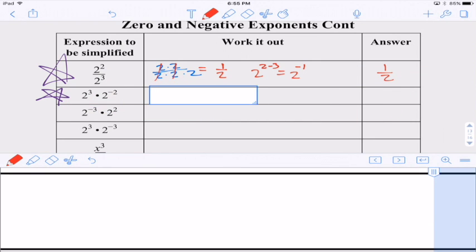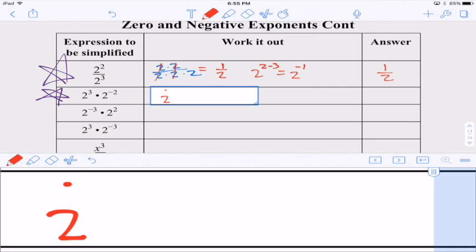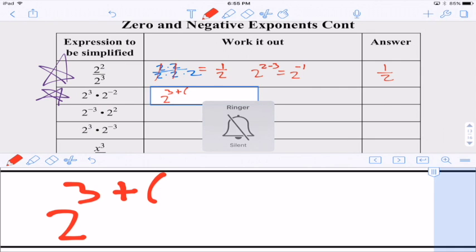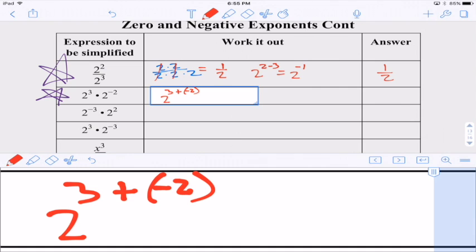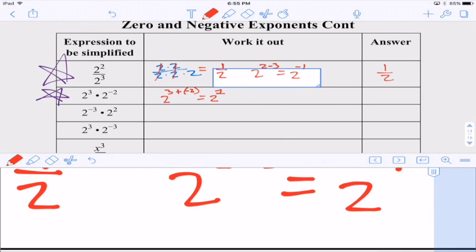Let's add them this time. So if we get 2 cubed times 2 to the negative 2, remember multiplication rule, we get 2 to the first. Okay, let's expand it out. Let's go backwards and do it that way where we flip it. So I have my 2 cubed, I'm going to leave that alone, times, and now I'm going to flip, 1 over 2 squared.